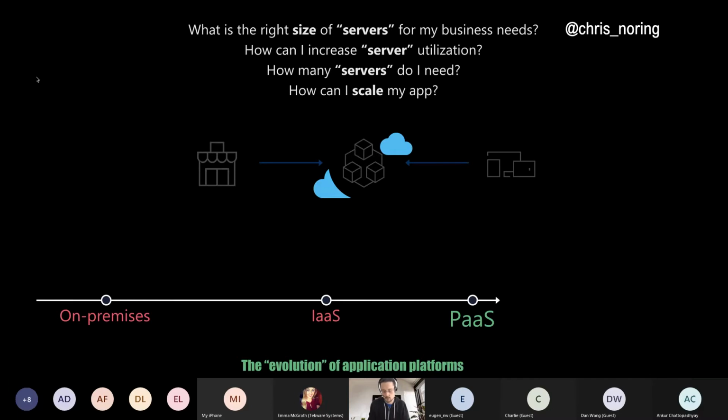It handles provisioning a server, it handles installing an operating system, and it even handles how to host your application. And it definitely handles scaling. That's not a problem that you need to worry about anymore. So hopefully, if a lot of you are here, that means that all you do all day long is develop your application, and then you tell Azure, here's my application, run it to the best of your ability. So that's what Platform as a Service means.